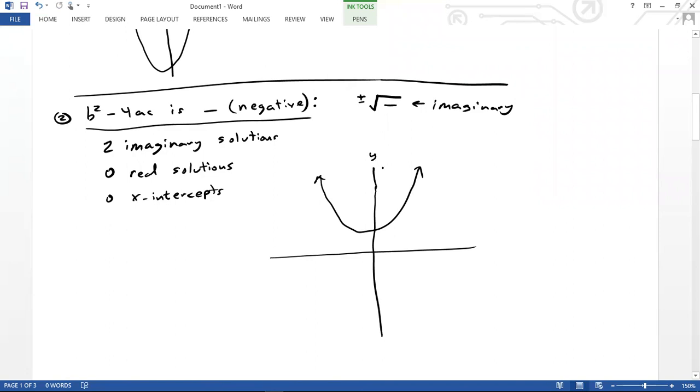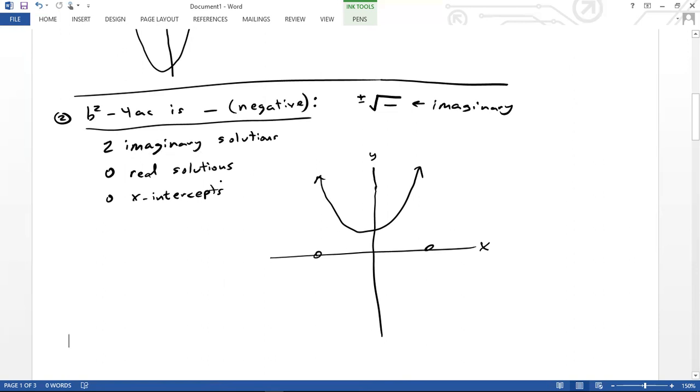It never reaches the x-axis. Remember we said the dots on the x-axis where it intercepts it are the solutions. But in this case, it never hits the x-axis. So the solutions are imaginary, they're not real. So there's 0 real solutions and 0 x-intercepts. It never intercepts the x-axis.